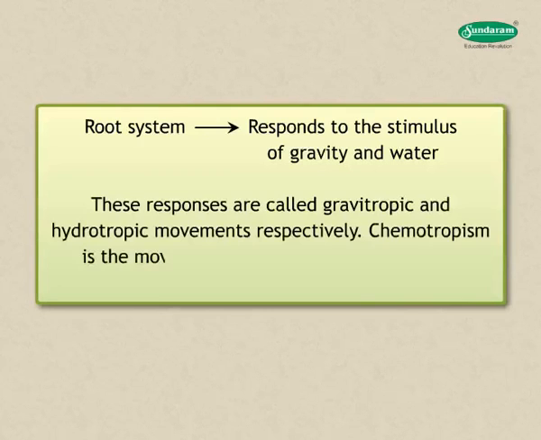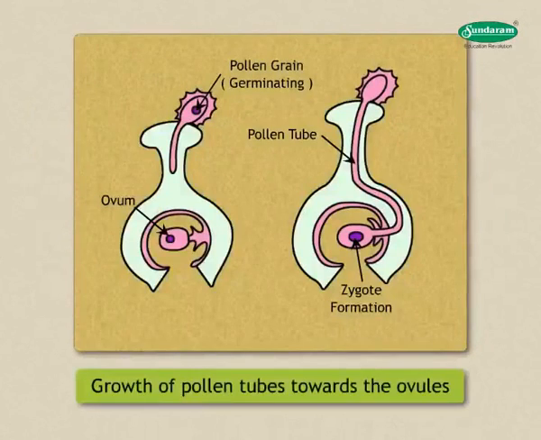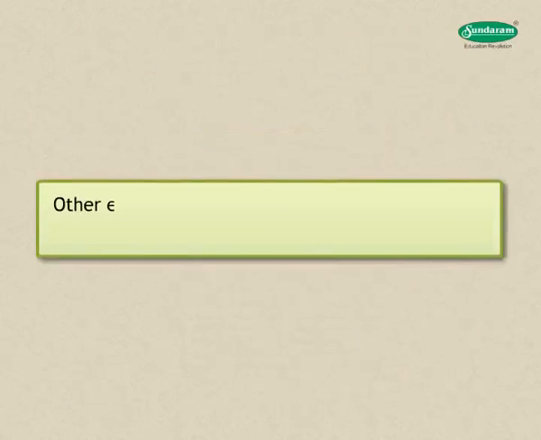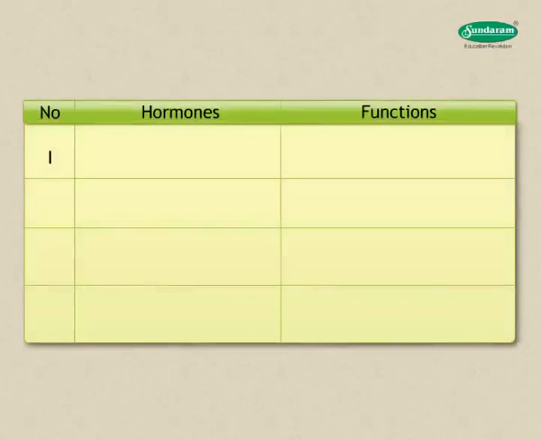Chemotropism is the movement of plant part in response to certain chemicals. Example, the growth of pollen tubes towards the ovules. Other examples of plant hormones are gibberellins, cytokinins, abscisic acid, etc. Gibberellins help in the growth of the stem.